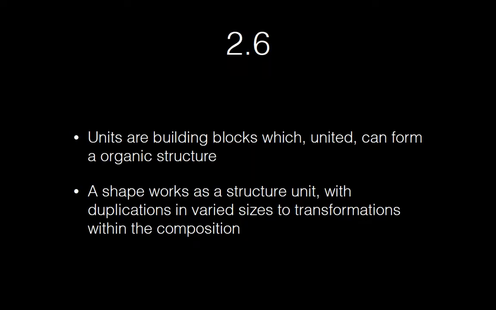So 2.6 is, your units are building blocks which united can form an organic structure. So you're going to create a form, and that singular form is going to create this structure. You're going to use transformations within the composition.